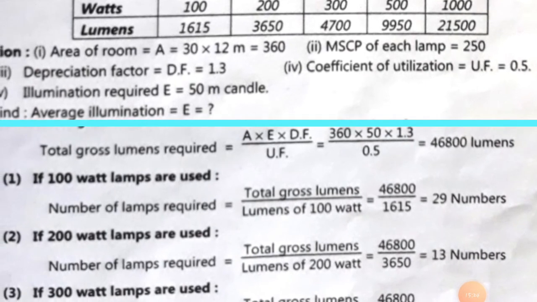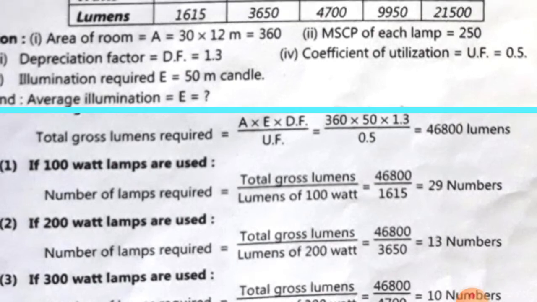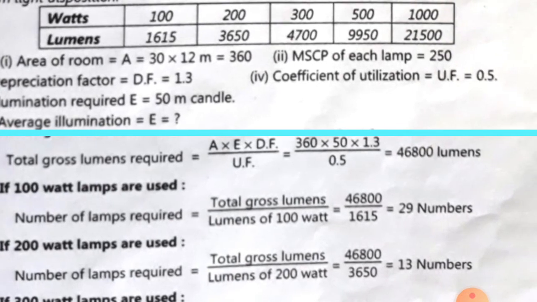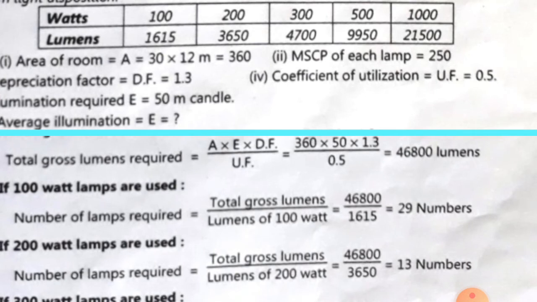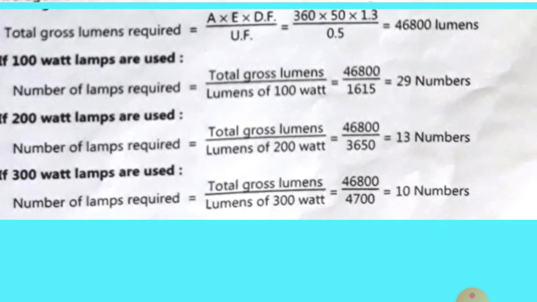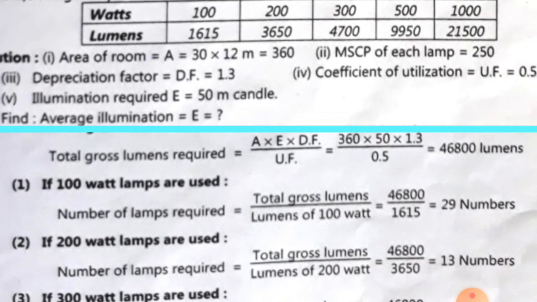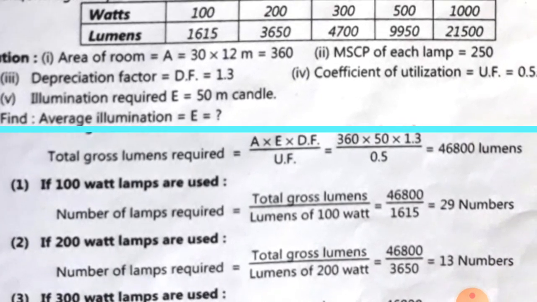If we use a 200 watt lamp, then from the table we have to consider the lumens output for the 200 watt lamp, that is 3650. So for the gross lumens required here, 13 number of lamps come out if we use the 200 watt lamp. If we use 300 watt, then from the table the value for the 300 watt lamp is 4700 lumens.